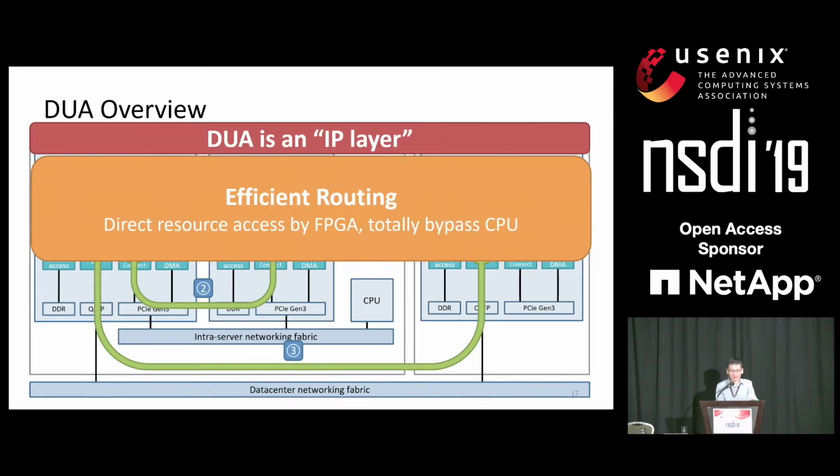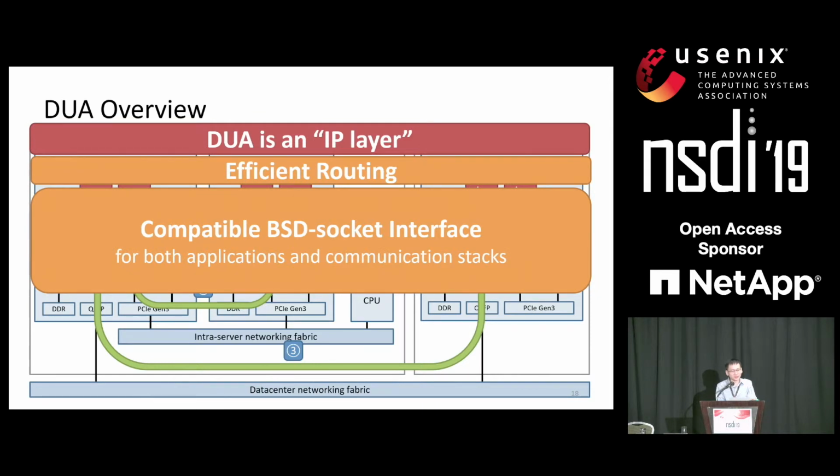DUA has these key features. First, DUA enables every application to access any resource in the data center directly. No proxy application is needed. Besides that, all the routing totally bypasses the CPU, which provides extremely low latency. Second, DUA provides a unified BSD socket-like interface for all FPGA applications to access heterogeneous endpoints in the data center, which significantly reduces the programming effort.